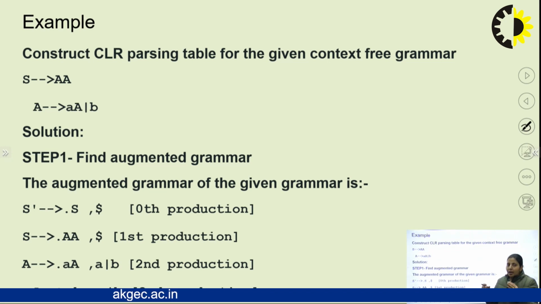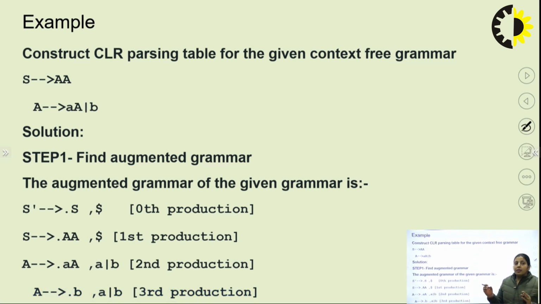I have just told you in my previous video that the CLR parser is more powerful than the LALR parser, and we can get the LALR parser only when we have constructed the CLR parsing table. So before constructing the LALR parsing table, we need to construct the CLR parsing table.